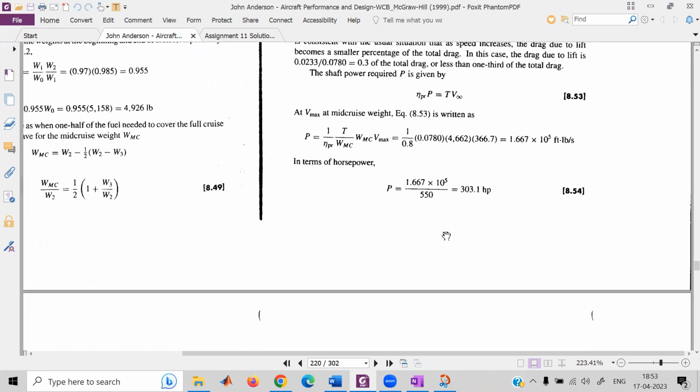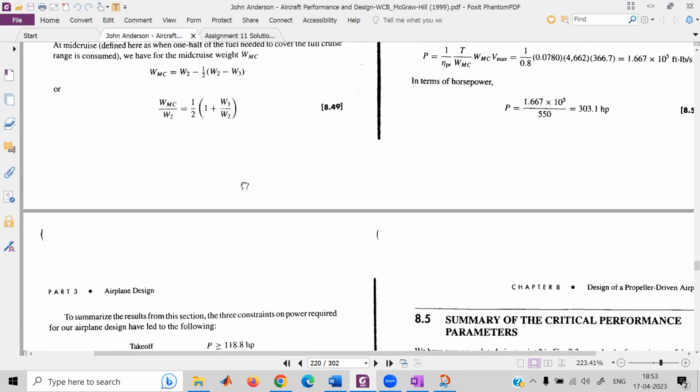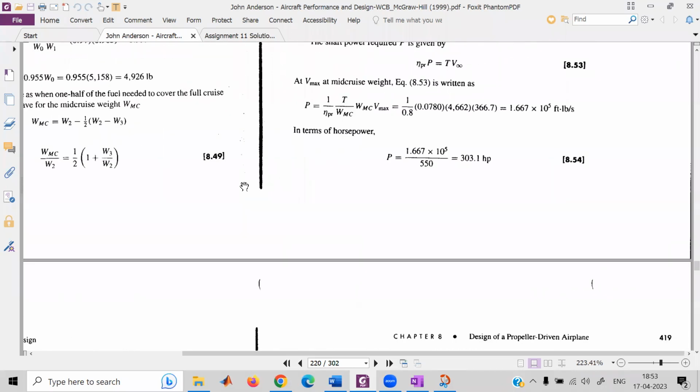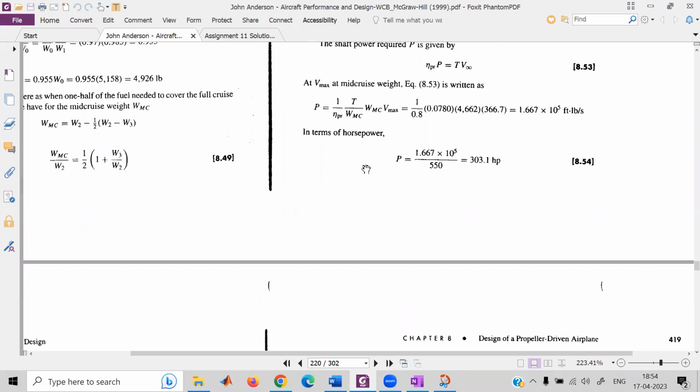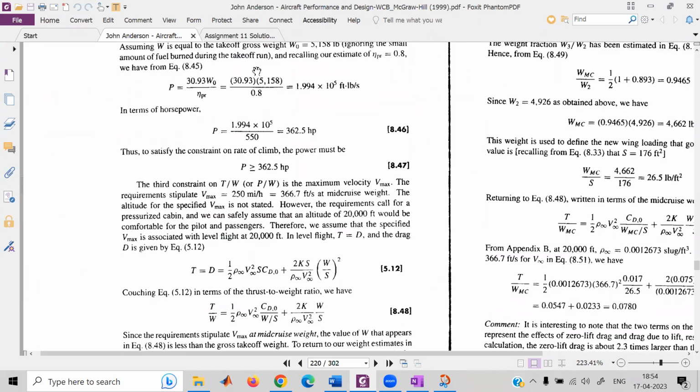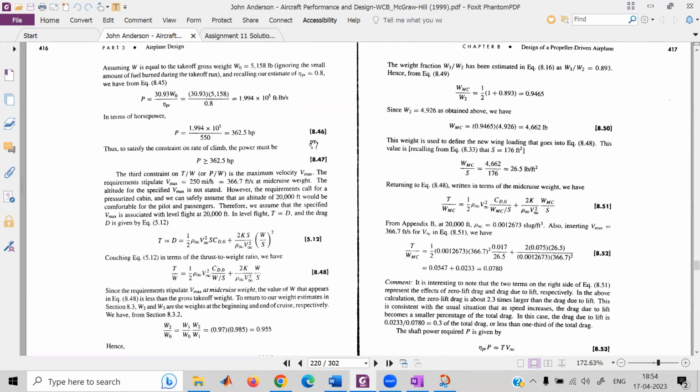So maximum power is being consumed in rate of climb. Whatever engine satisfies the rate of climb constraint, we will choose that. So this 362 is the power we will take for the engines of this aircraft that we're designing. Mainly, don't get lost in the calculations here.